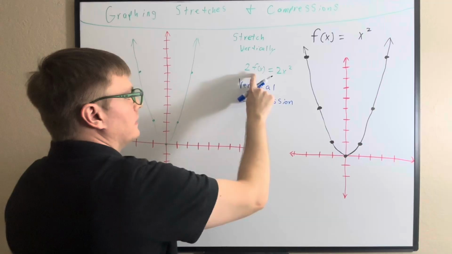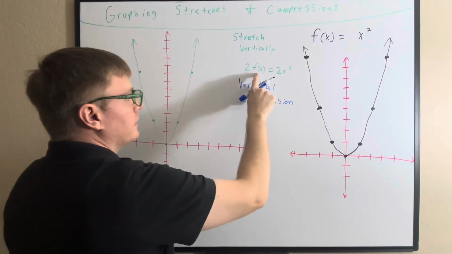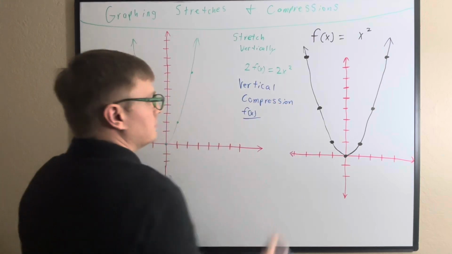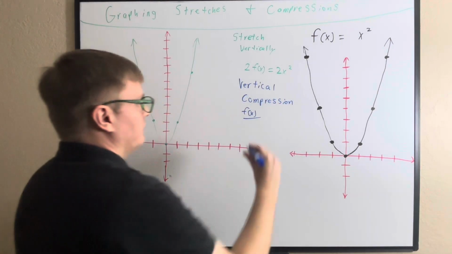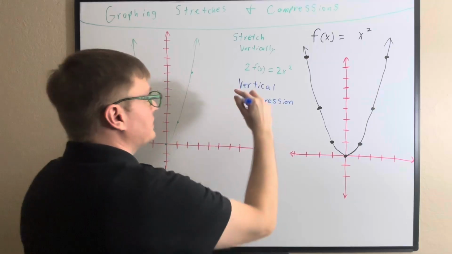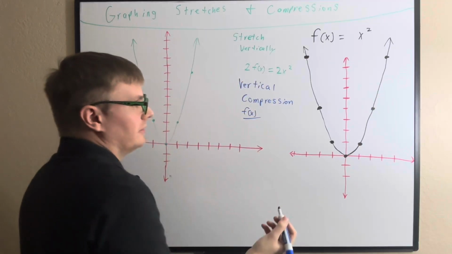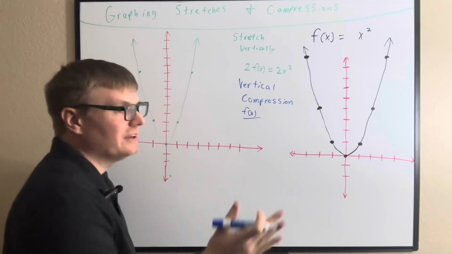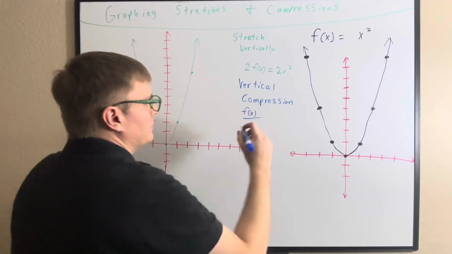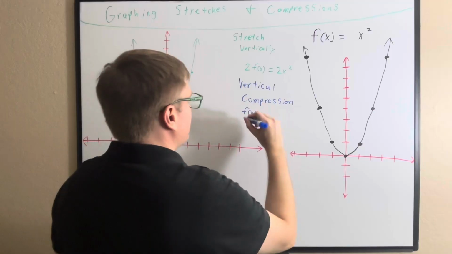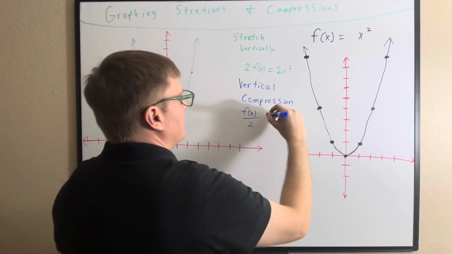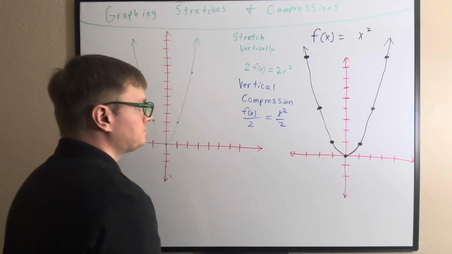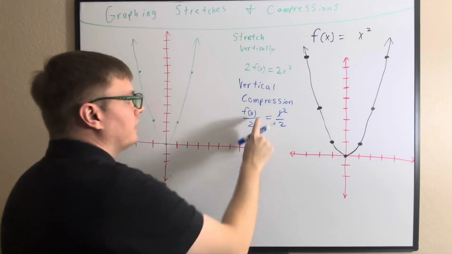Well, instead of multiplying our function by a factor, we're going to divide our function by a factor. Some textbooks say multiply by a number less than 1, but that's what fractions are. They're just numbers between 0 and 1, usually, unless you're talking mixed fractions. But anyways, let's just divide it by 2. So what do we get? x squared over 2. We're dividing our output by 2.